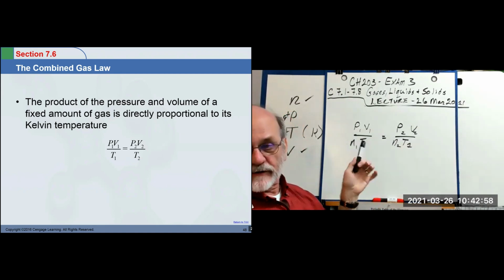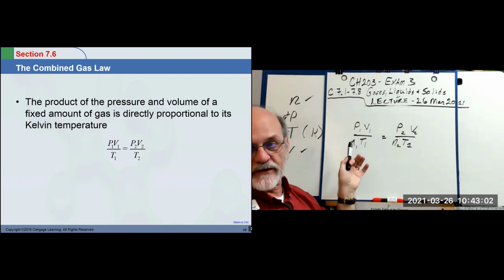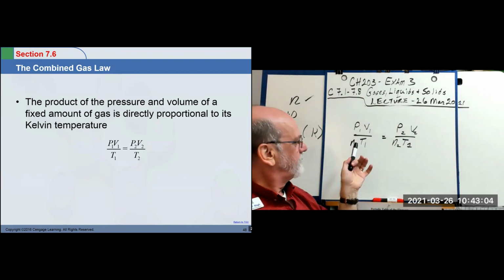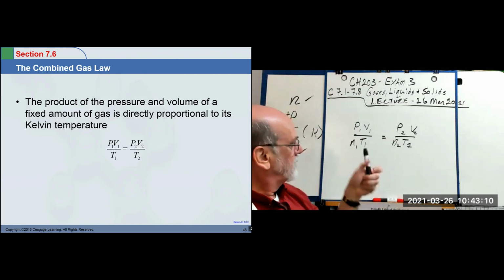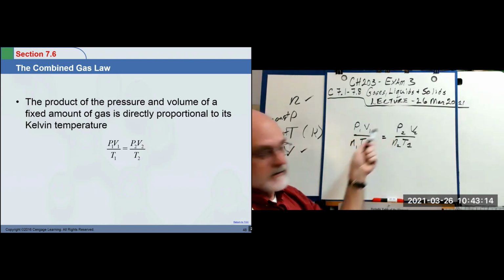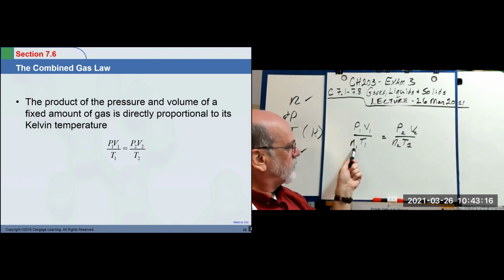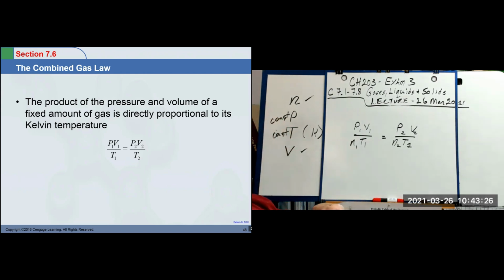And all you have to do to get any one of the other laws is just to hold two of them constant. Right? If we hold, we haven't discussed this one yet, but if you hold pressure and volume constant, then the relationship of moles and temperature is inverse. Is it?